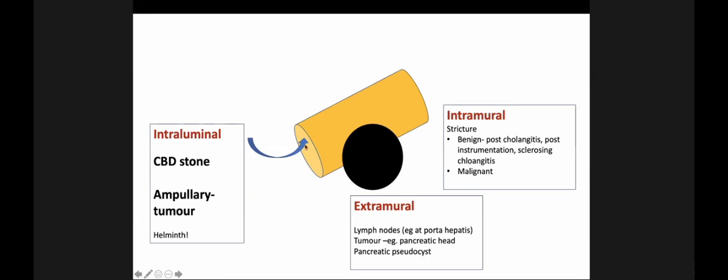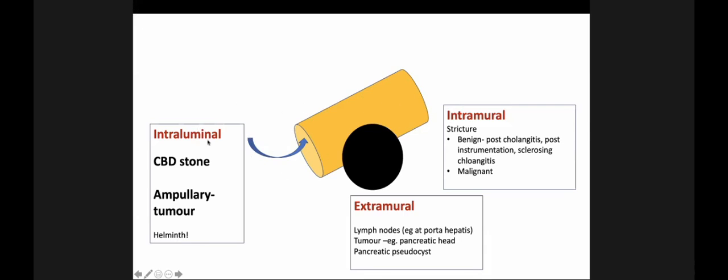So either there's a block inside the duct, or there's something within the wall of the duct, or there's something compressing the duct. This is another schematic diagram which shows you the possible differentials. You can use this kind of approach when you're dealing with any kind of obstruction in any kind of tubular structure.